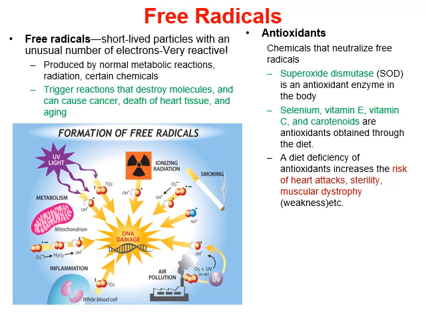These trigger a lot of destructive reactions in the cell that can lead to cell death, death of heart tissue, aging, and so on. So for this purpose, we have a lot of enzymes whose sole purpose is to neutralize free radicals in the cells to reduce the toxicity and destruction of the cells.